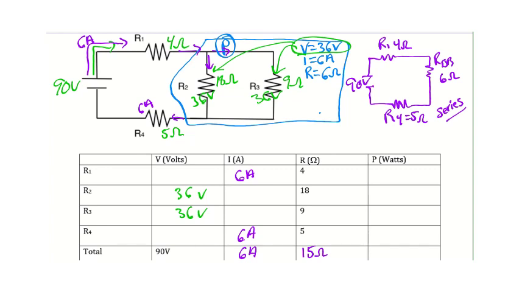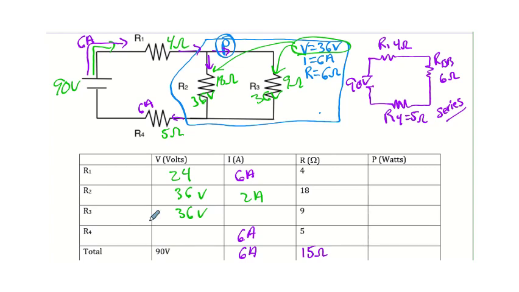You can see that we have either something in voltage or current for every resistor in this circuit. So what is my voltage for resistor 1? Well, it's going to be 6 times 4, 24 volts. What is my current for R2 going to be? Well, it's going to be 36 divided by 18, which is 2 amps.